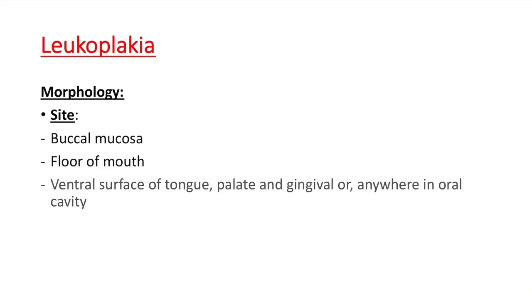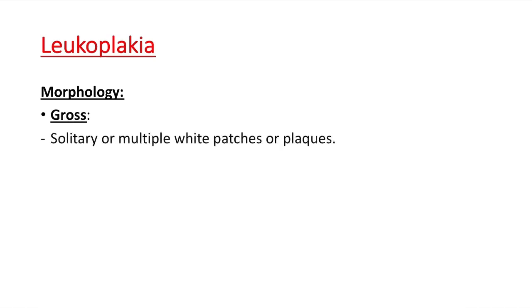Morphology. Site: buccal mucosa, floor of mouth, ventral surface of tongue, palate and gingiva, or anywhere in the oral cavity. Gross morphology: solitary or multiple white patches or flakes with sharply demarcated borders.